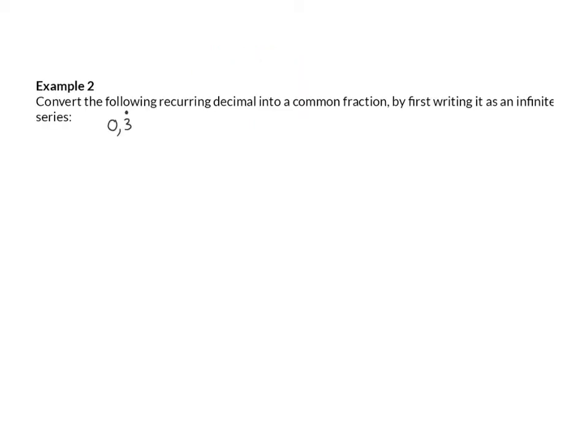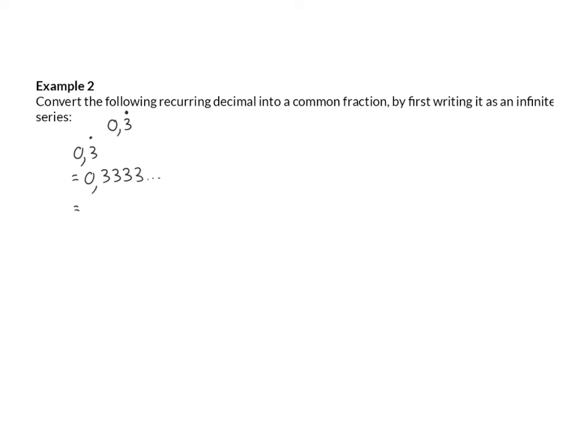We can now also use this formula to convert decimal fractions to normal or common fractions. Let's have a look. Example 2. Convert the following recurring decimal into a common fraction by first writing it as an infinite series. So we know that 0,3 recurring is actually 0,3333, and it continues like that.